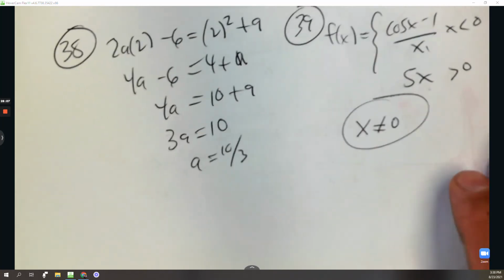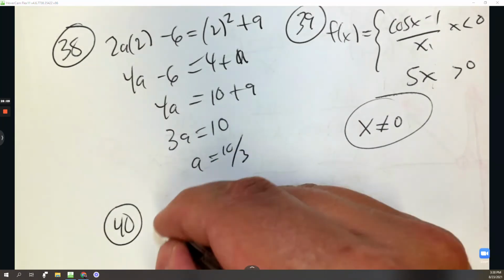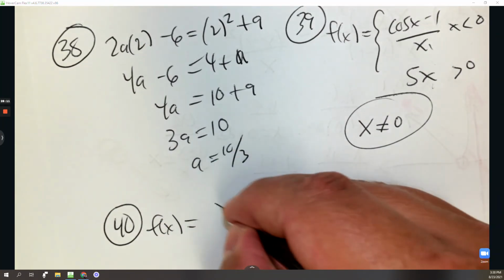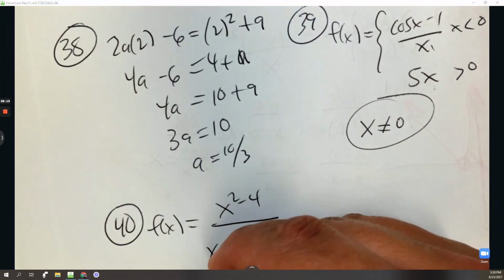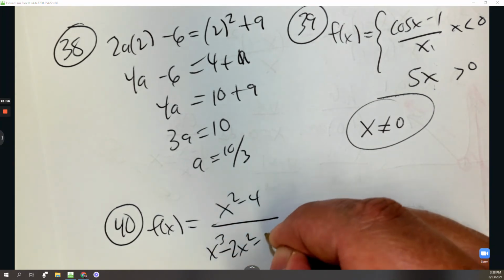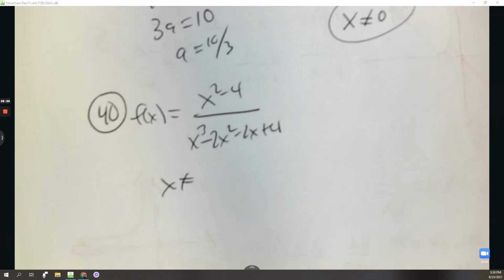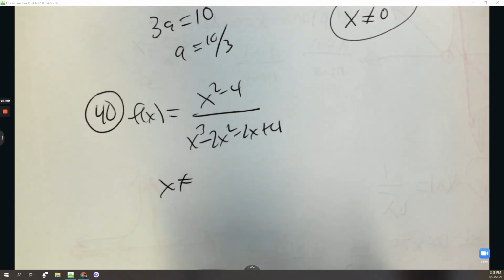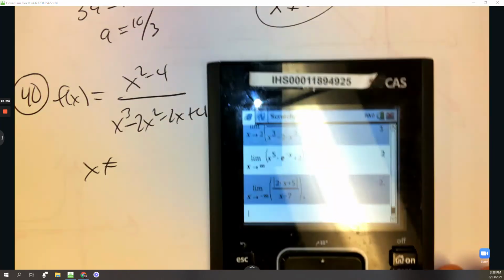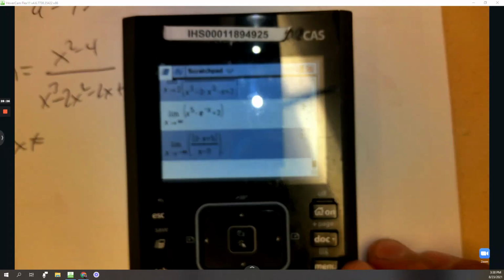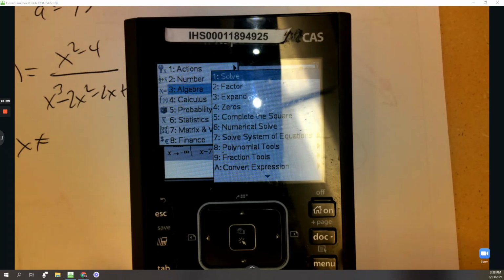Number 40. To find the discontinuities here, it's the denominator. So if you only type in the denominator, that's what's going to give you the discontinuities. So what can x not equal? Just the denominator. And so if you press menu algebra, you can actually type in zeros.